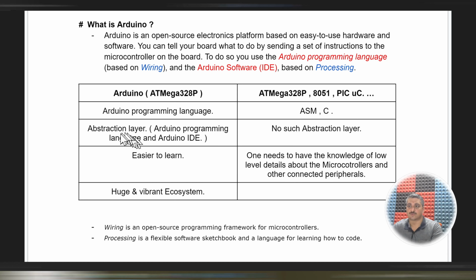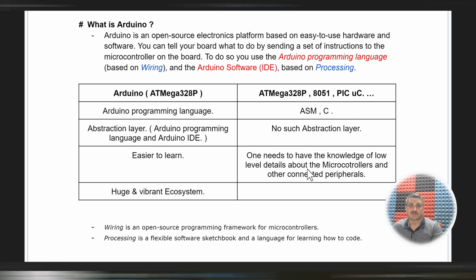Now here comes the twist again. You see, the Arduino people have provided some abstraction layer. The abstraction layer is in the form of hardware, which is this one, and a significant abstraction layer has been provided with the help of Arduino software, which is Arduino IDE. So what is this abstraction layer?